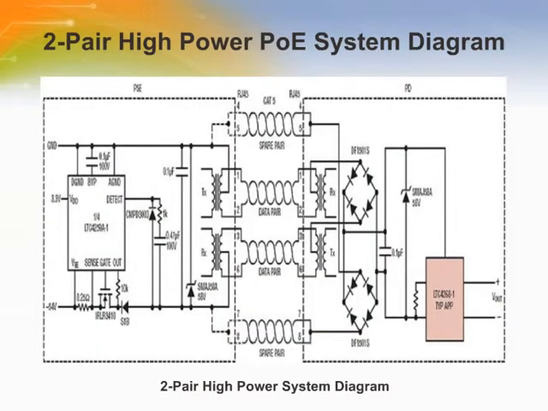This slide illustrates 2-pair high power over Ethernet system. High power over Ethernet system can deliver power using 4 conductors or 8 conductors. Each method provides advantages, and the system vendor needs to decide which method best suits their application.